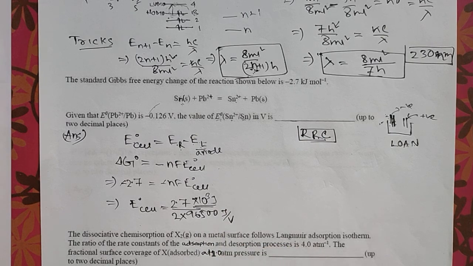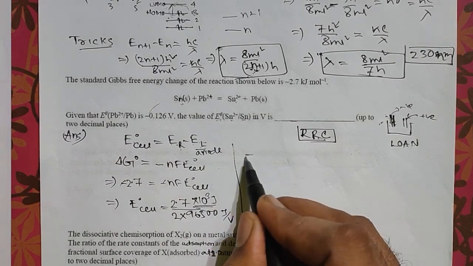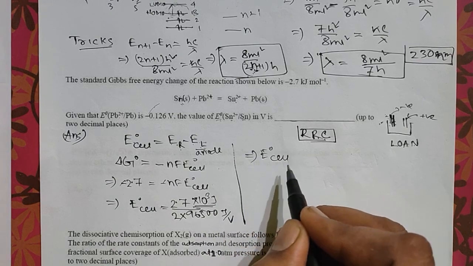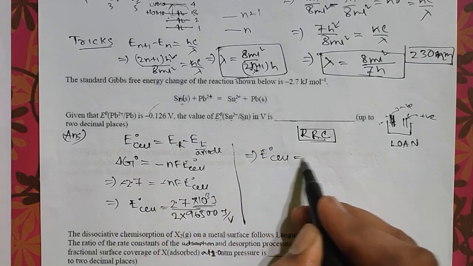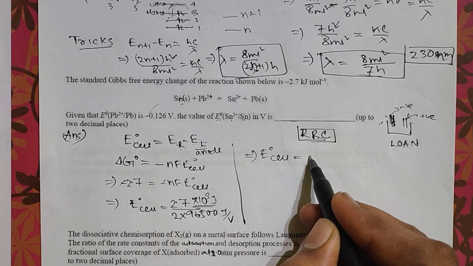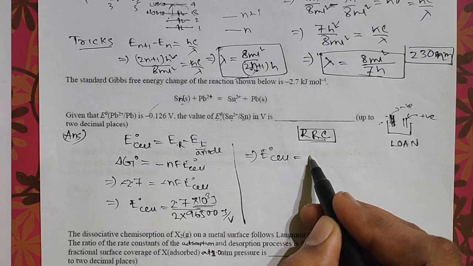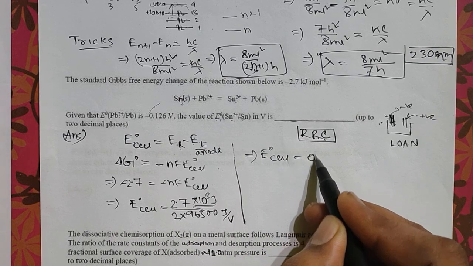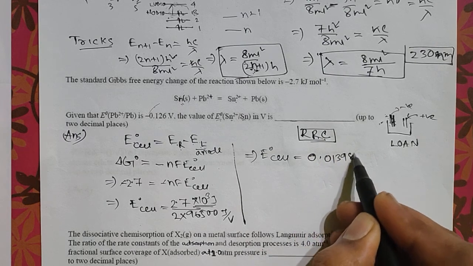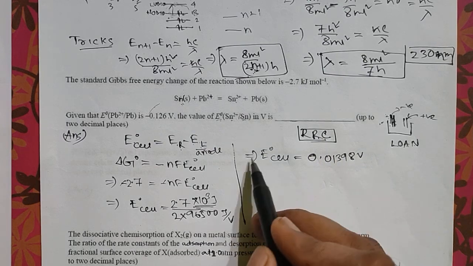By calculating this, we get E naught cell equals plus 0.01398 volts. I have calculated this earlier, and we will just put it here.